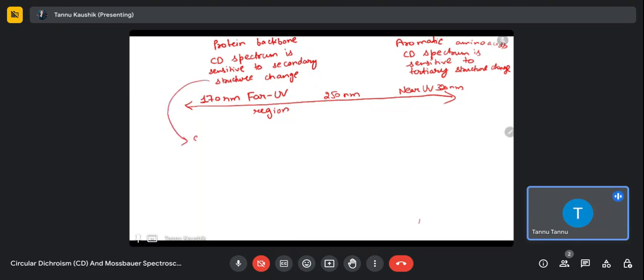The secondary structure types we have already discussed: alpha helix, beta turn, polyproline, and random coil structure.